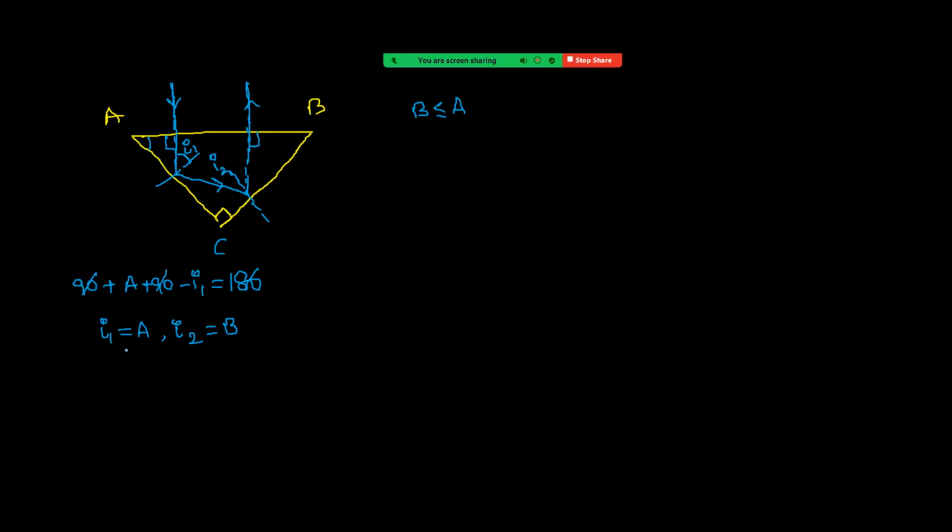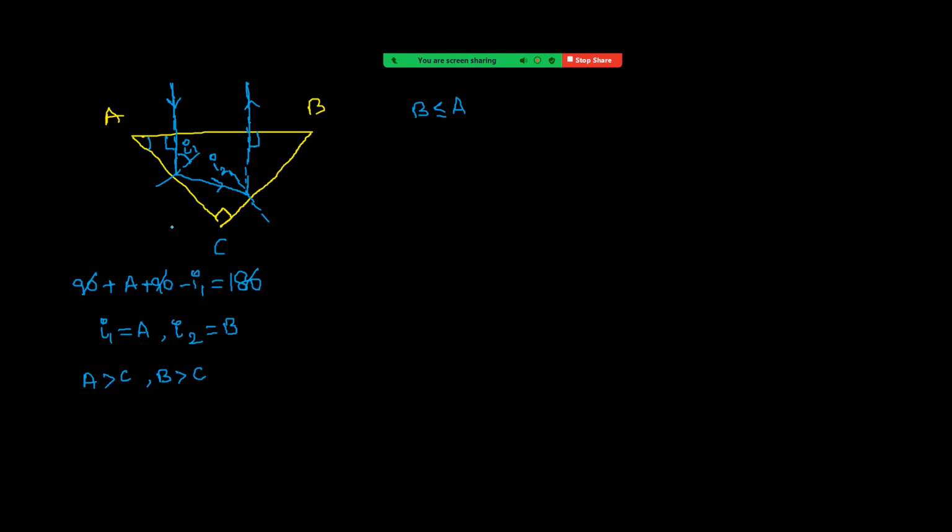Okay. Next, see here the basic condition is light undergoes total internal reflection, and again here also the same thing. And this happens if A is greater than C and B greater than C. Then only light undergoes total internal reflection, right?